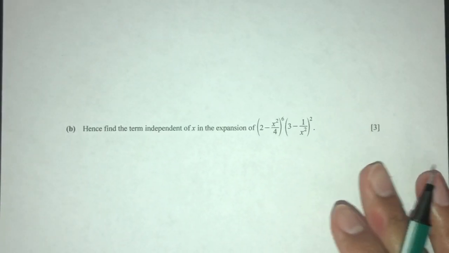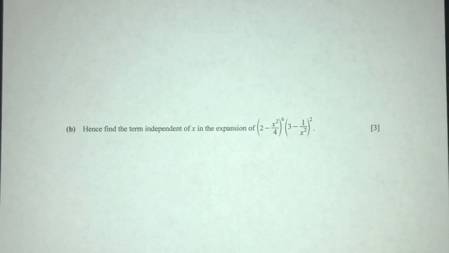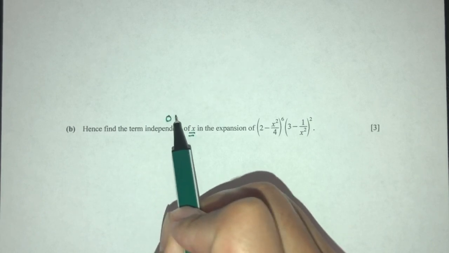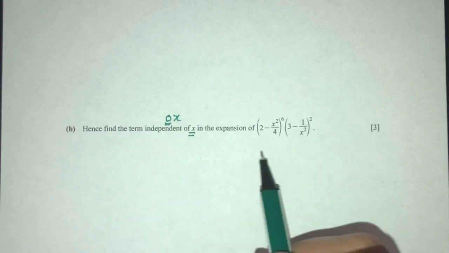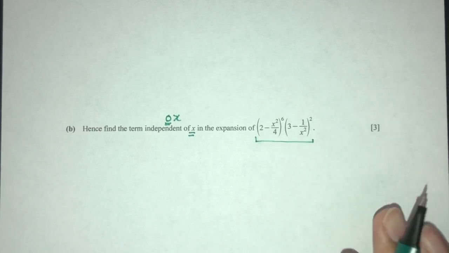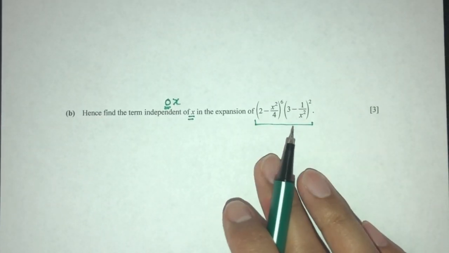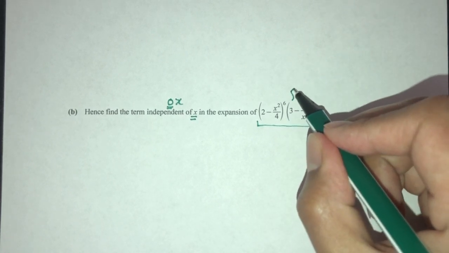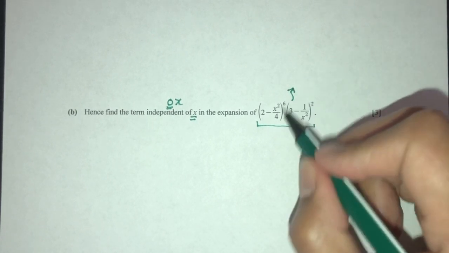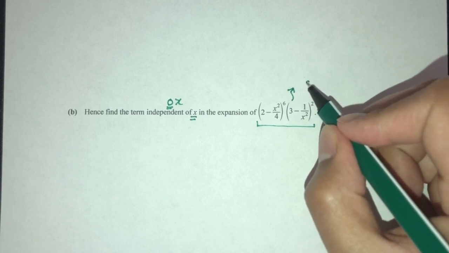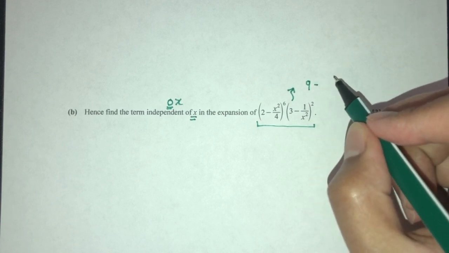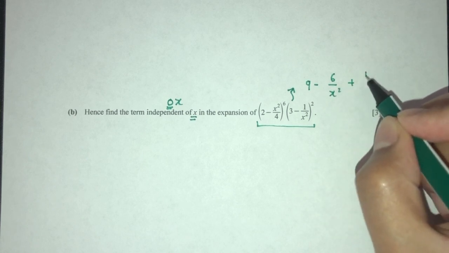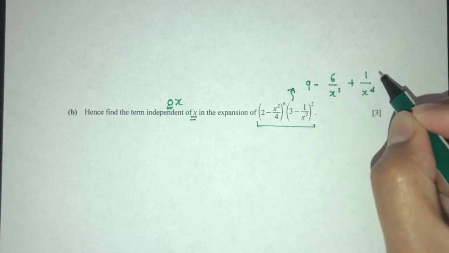Now let's move on to part B. Here we have to find the term independent of x, the term which has no x, in this expansion. So one by one, how would you expand this? Let's think. First we can try to expand this and see what happens. If you expand this one, that will be 9 minus 6 over x squared plus 1 over x power 4.